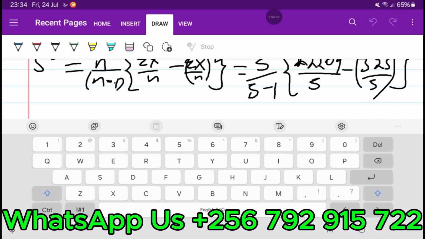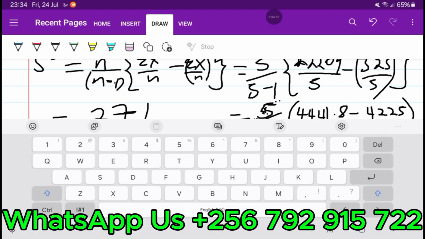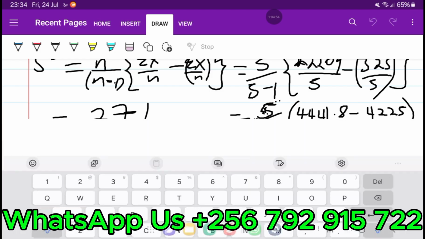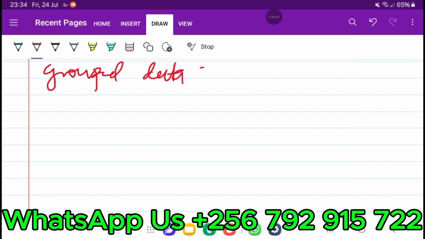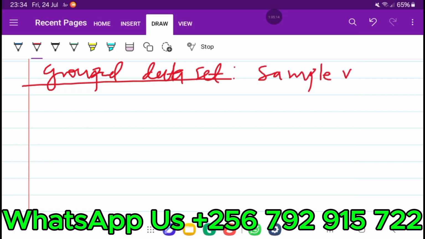And that's it. So I want you to have all these formulas so that you can know which one is easier for you to remember. So I want us to look at the grouped data set, and we are looking at sample variance, or what we call S squared.